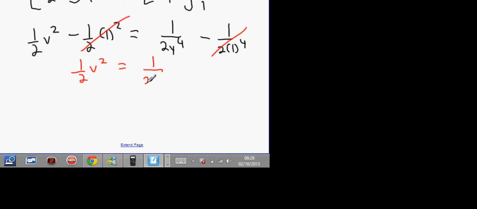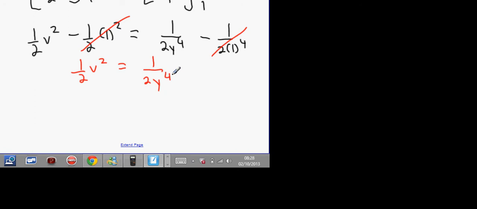Now the halves on both sides are going to cancel, and what we're going to get is a half phi squared equals 1 over 2y to the power of 4. So there's a problem here.